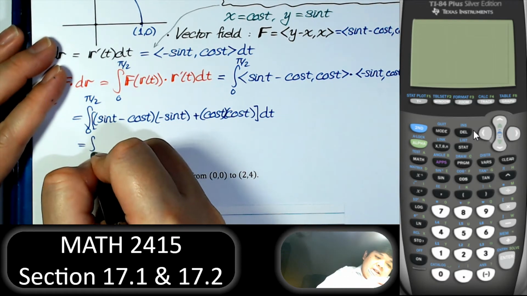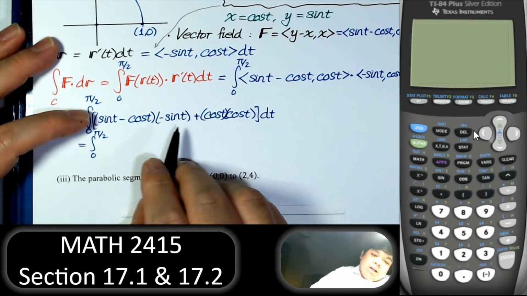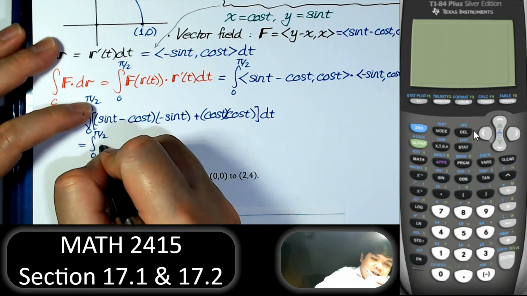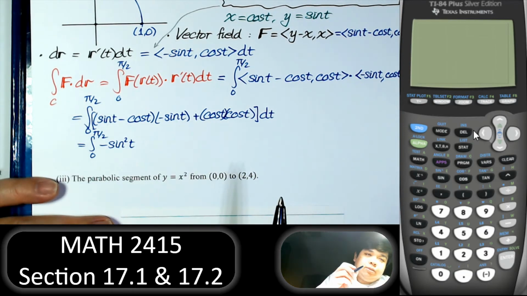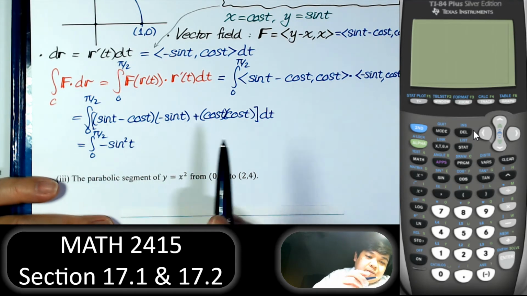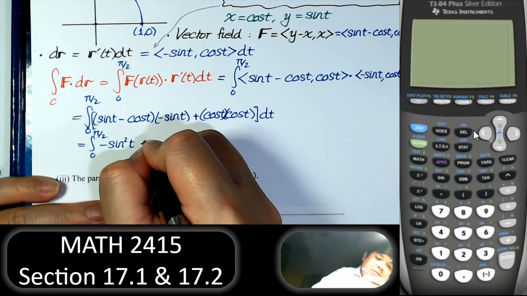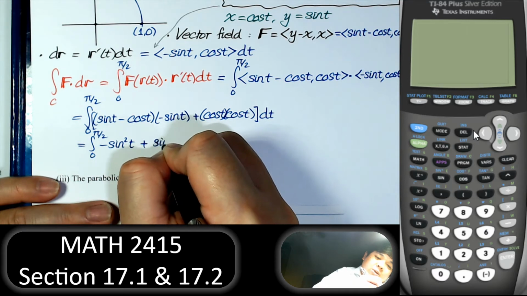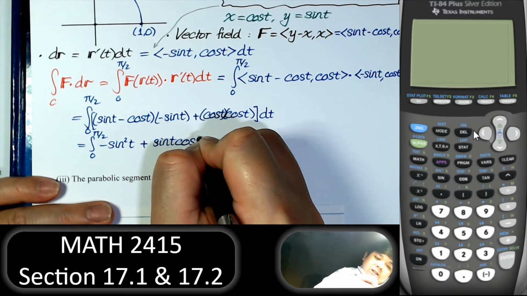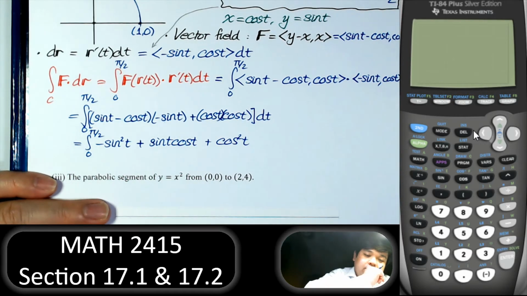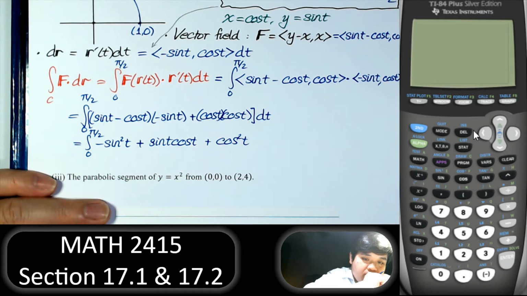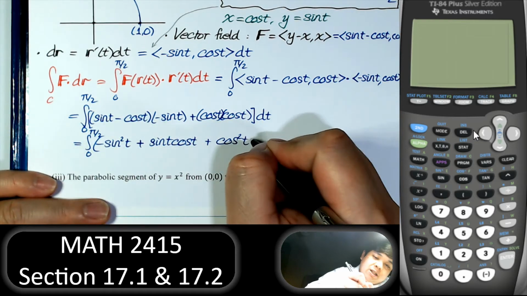Which gives us sine times negative sine squared, negative that, plus sine t cosine t, then plus cosine squared, dt.